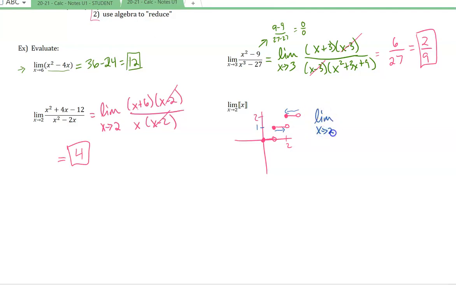So the limit as x approaches 2 from the left, and when you draw these, the notation our book uses is the double bar here, but normally when we write this, like in handwriting, we just do a single bracket, which is fine. Okay, so this is equal to, what did we say? From the left, it's equal to 1, which is not equal to the limit as x approaches 2 from the right, which is equal to 2. So therefore, the limit does not exist.